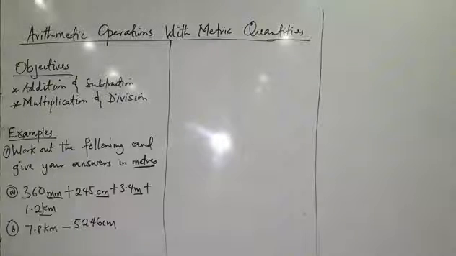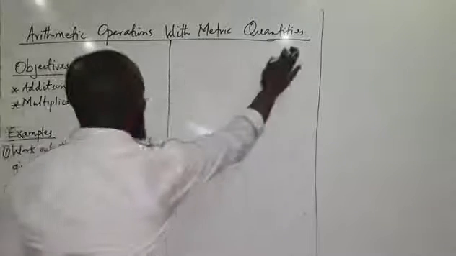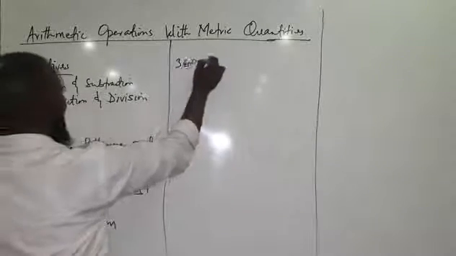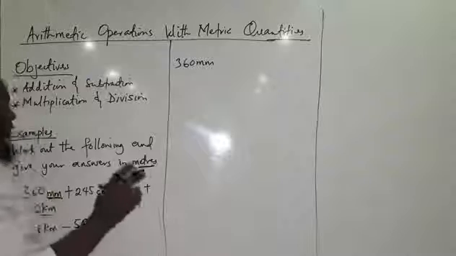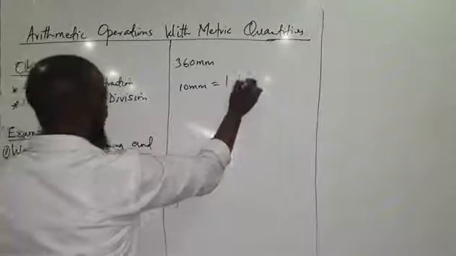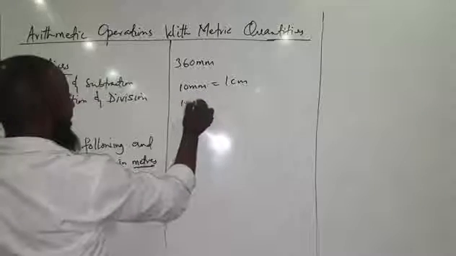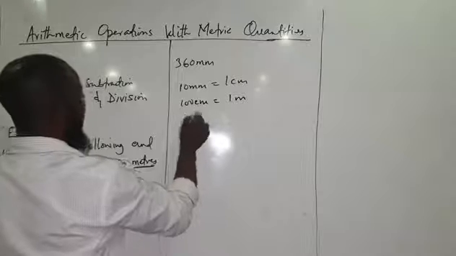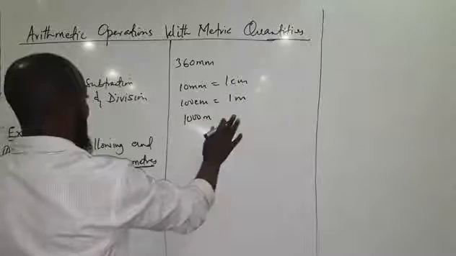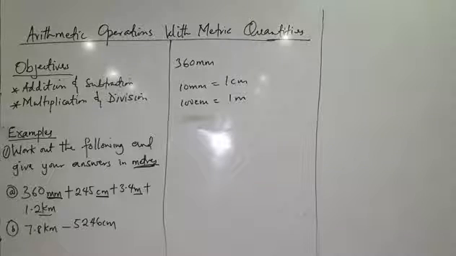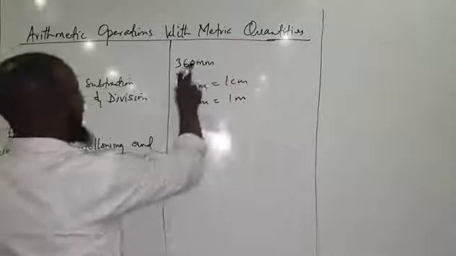So the first thing is that 10 millimeters equals 1 centimeter, and 100 centimeters equals 1 meter, while 1000 meters is 1 kilometer. We want our answer in meters, so first let's convert this one to meters.